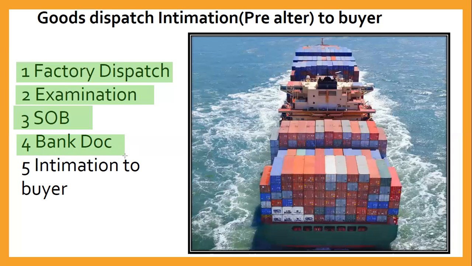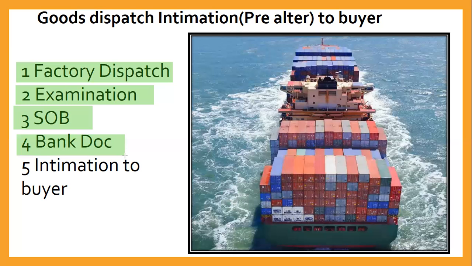We have to prepare some basic documents like the commercial invoice, which is prepared by the exporter. Then the packing list, also prepared by the exporter. And the third document is the bill of lading, provided by the shipping line.